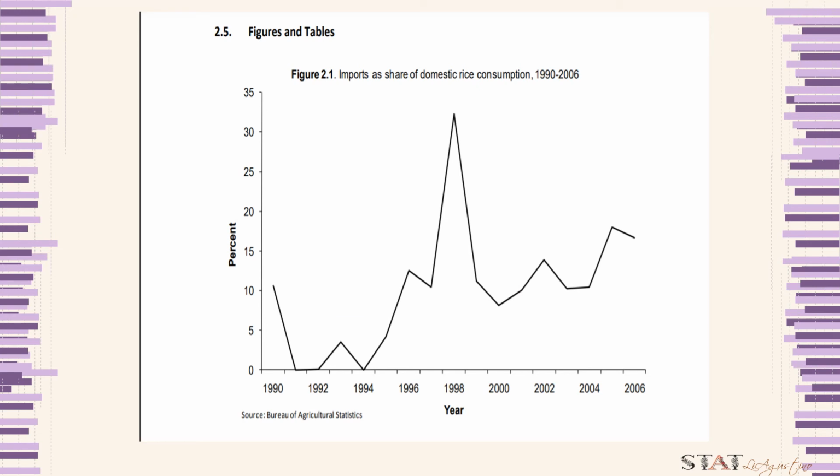So this is one example. Imports as share of domestic rice consumption in 1990 to 2006. So by just looking at this graph, we can see, oh, there are some great changes in 1998. So by just looking at the graph, you'll be able to comprehend some information or changes, or there is a trend in this year.